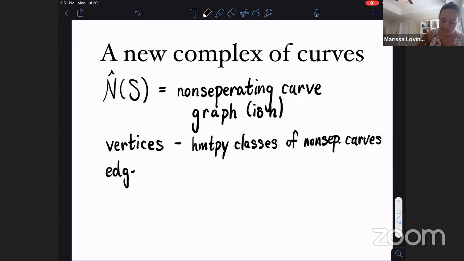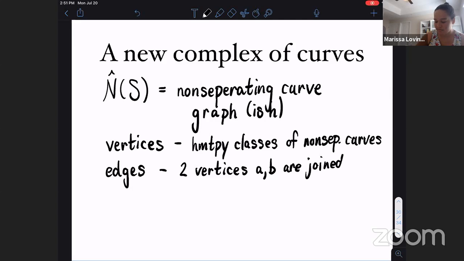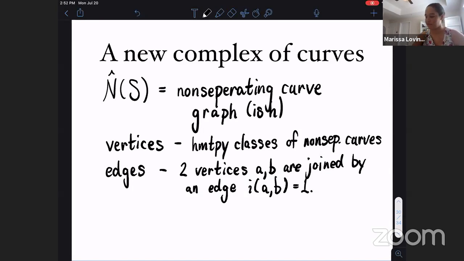And then the edges, instead of having edges for disjointness, I'm going to say that two vertices A and B are joined by an edge if they intersect exactly once. So this is the curve graph.